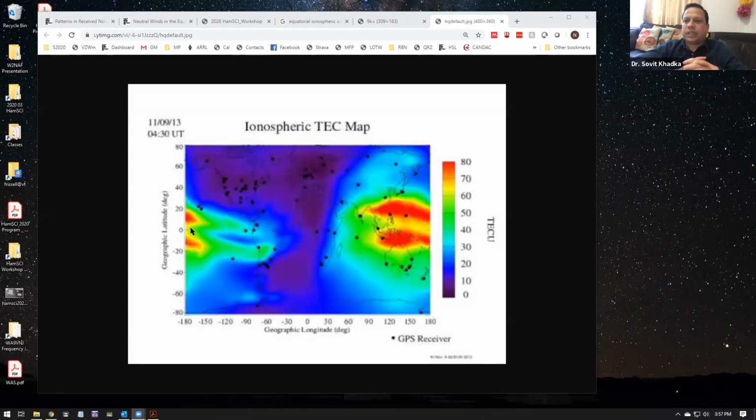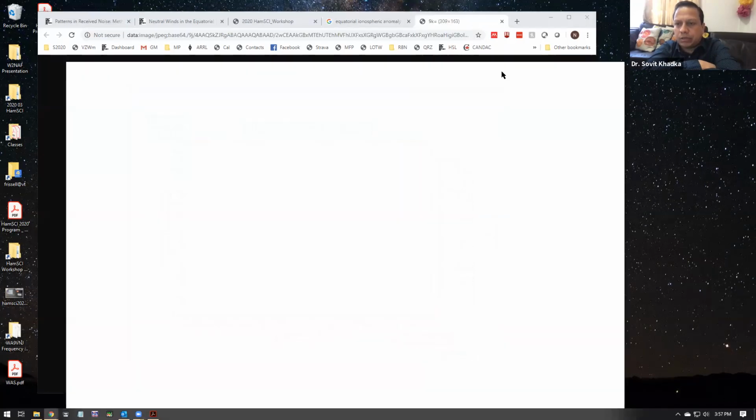Yes, but due to the special geometry of the geomagnetic field and electric field in the equatorial region, the high density occurs around 17 to 20 degrees either side of the geomagnetic equator. That is here and here. So that's called the Equatorial Ionospheric Anomaly, or the EIA, Equatorial Ionization Anomaly, and the density in these two anomalies will be altered by thermospheric neutral wind.